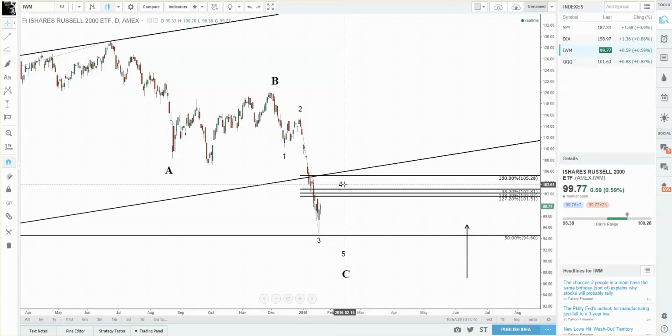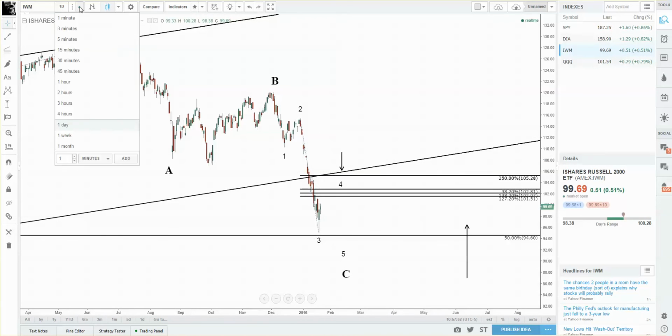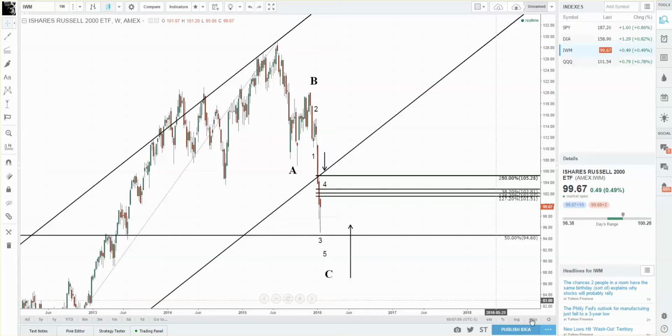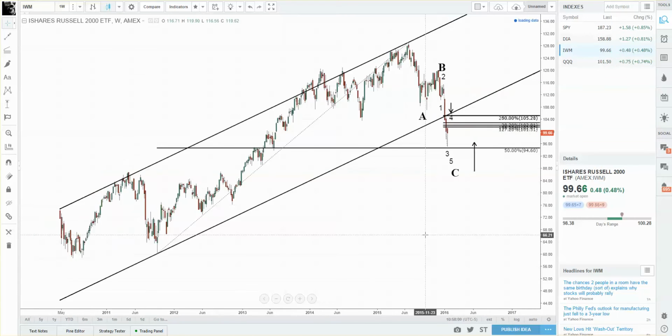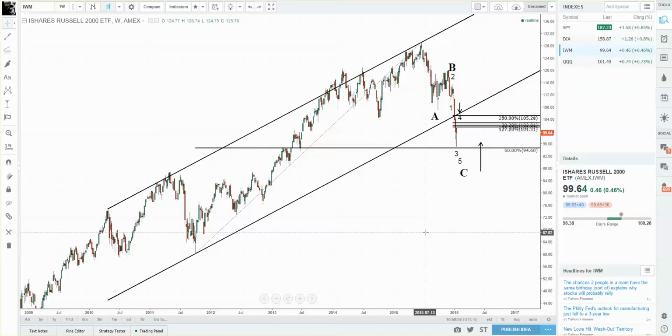It can go higher towards a 200% fib extension projection of wave 2, and the 50% Fibonacci retracement of wave 3. This also coincides with a potential retest of this broken trend line, which is a very important trend line, which is one of the major cases that the major bull market is finally broken.